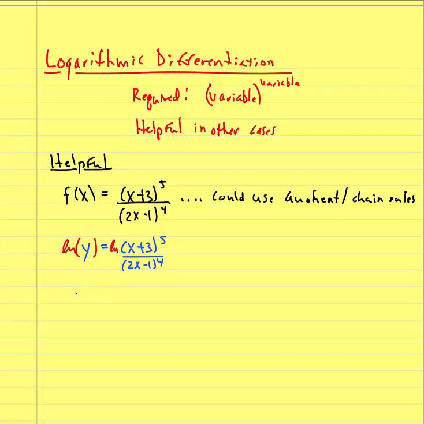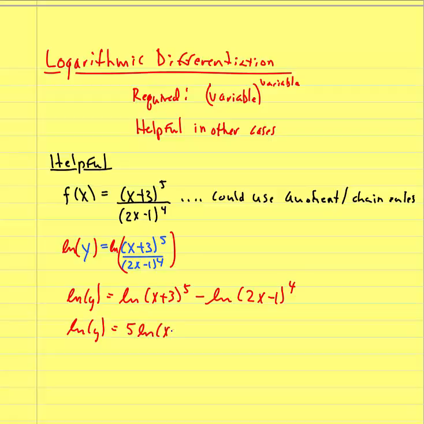So when I take the natural log of both sides, I see right away this is the natural log of a quotient, which is the difference of the logs. And this is the whole idea of logarithmic differentiation, to be able to rewrite. Now I have these exponents, I can pull those up front: 5 natural log of x plus 3 minus 4 natural log of 2x minus 1.